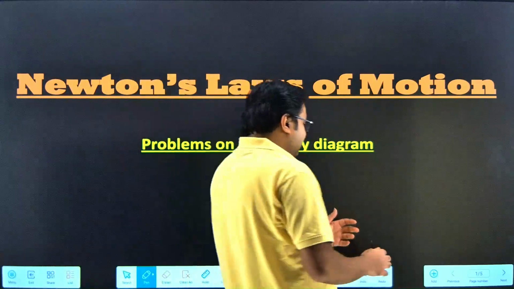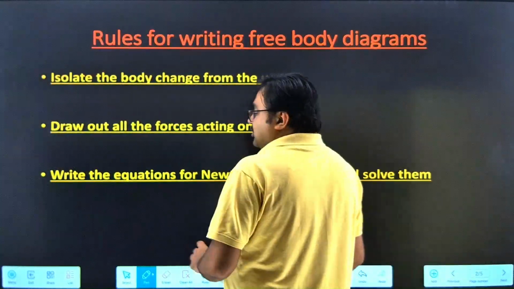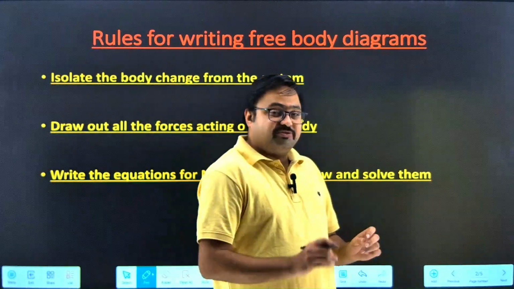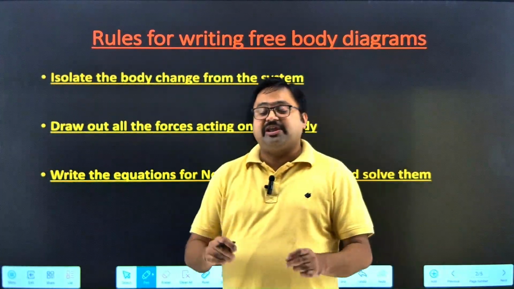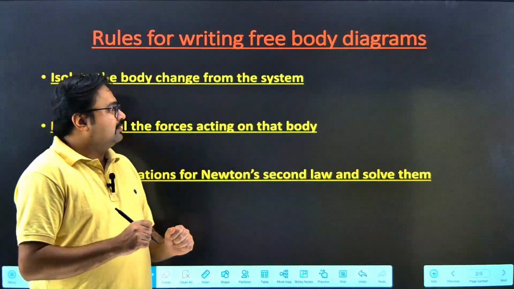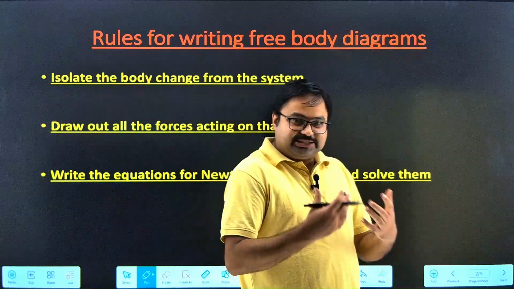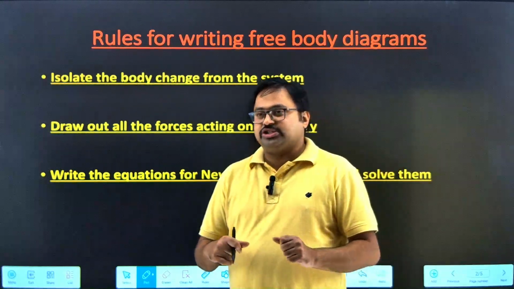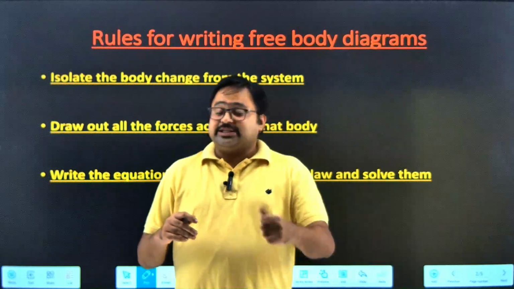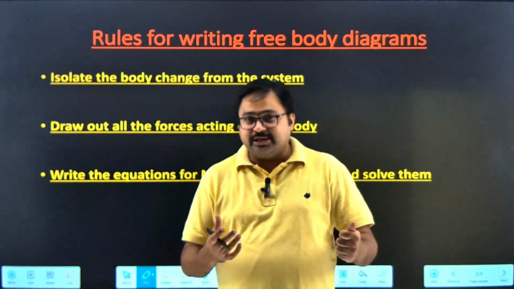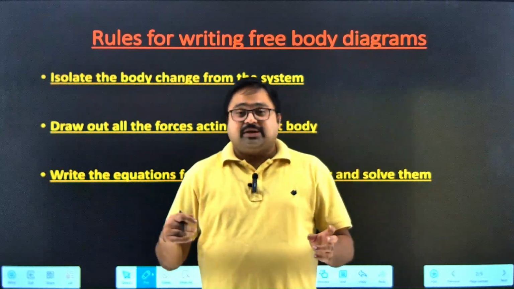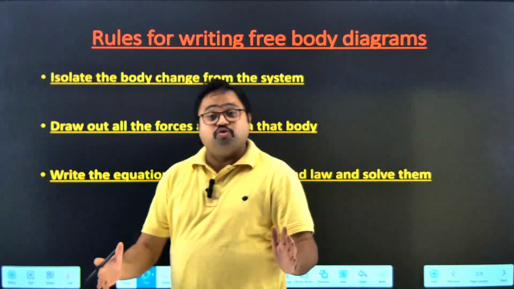So here we have the steps that are required to be followed before you get to solving a free body diagram based problem. The first thing that you will have in a mechanical system is a set of pulleys or a single pulley, a rope, and masses, and quite a lot of things that can move.